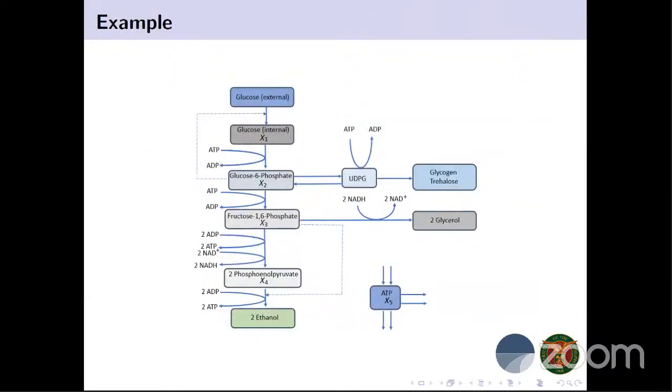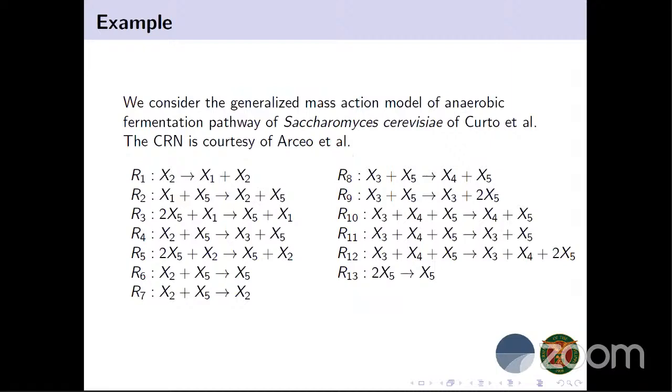Let's consider this example. This is the yeast fermentation pathway by Curto et al., which you can see in the book of Voit, where ethanol is being produced. And from that model, you can actually get this network.